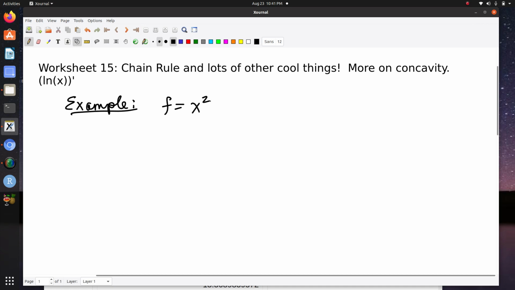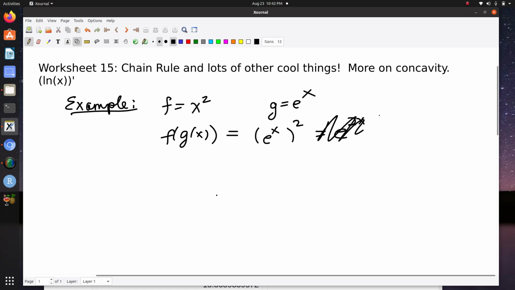For example, let's do something algebraic. What if f is x squared and g is e to the x, and I want f of g of x, and then I want to take its derivative? We could just put all this stuff together, and in this one case we end up with something that simplifies down nicely, but let's pretend we didn't know.